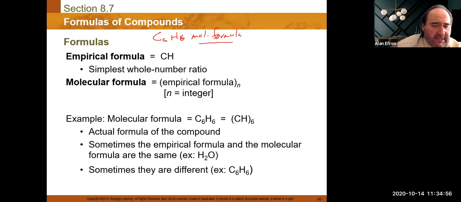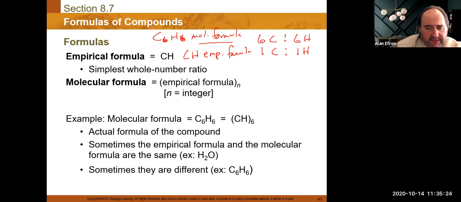C6H6 tells us that in this compound we have 6 carbons and 6 hydrogens. That is 6 carbons to 6 hydrogens, the same as a 1 carbon to 1 hydrogen relationship, which means the empirical formula here would be CH, the simplest ratio that's present.